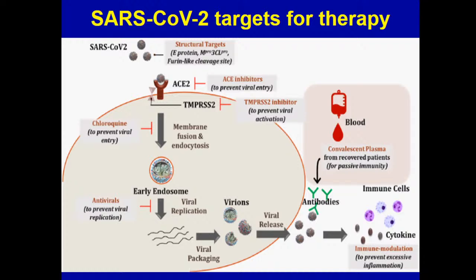Then we have an intensive study, of course, to inhibit the angiotensin converting enzyme receptors to prevent the viral entry. And of course, this is a very good way to prevent the disease at the very beginning. And also because it needs the core receptor. So also some transmembrane serine protease inhibitors are under study to prevent viral activation.